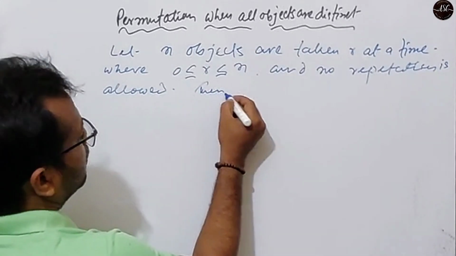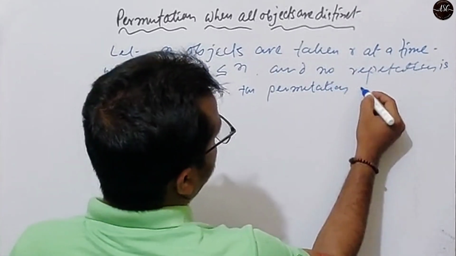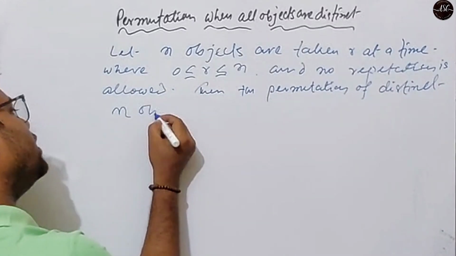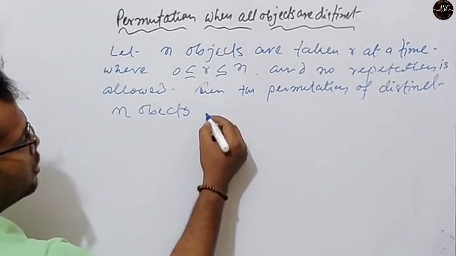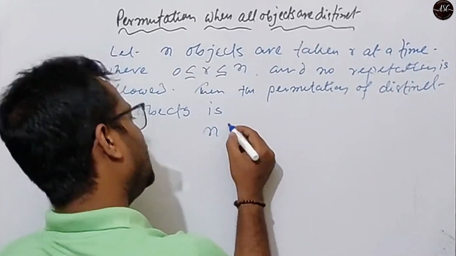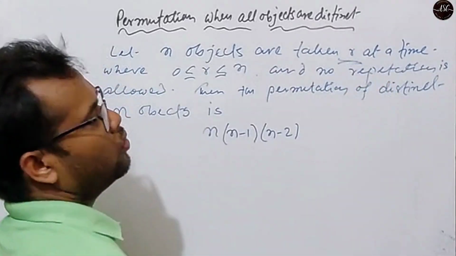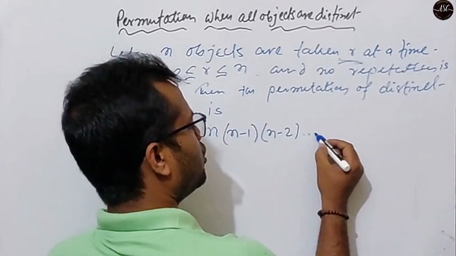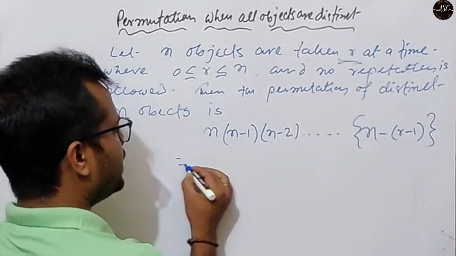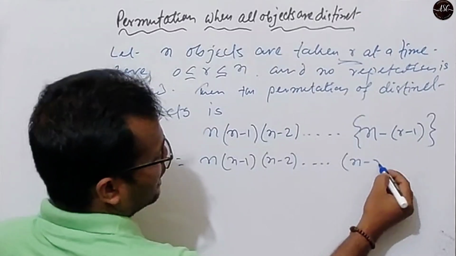Then the permutation of n distinct objects is, what is the value? Just remember, n into n minus 1, n minus 2, and so on. Here we take r times, so up to n minus r plus 1. This can be written as n into n minus 1, n minus 2, up to n minus r plus 1.